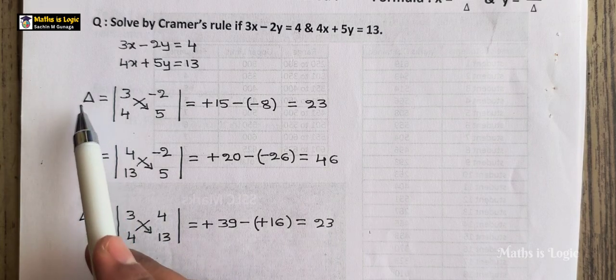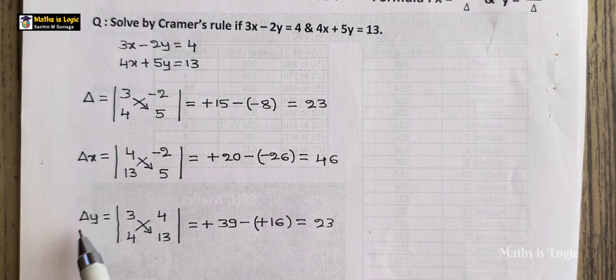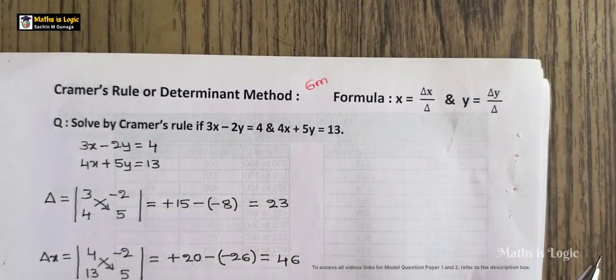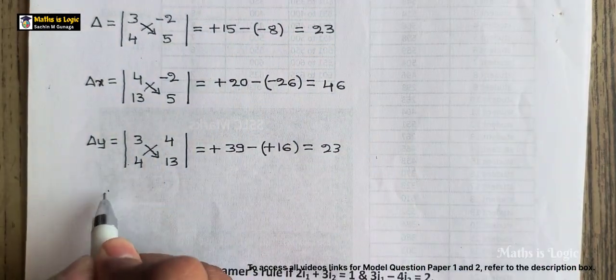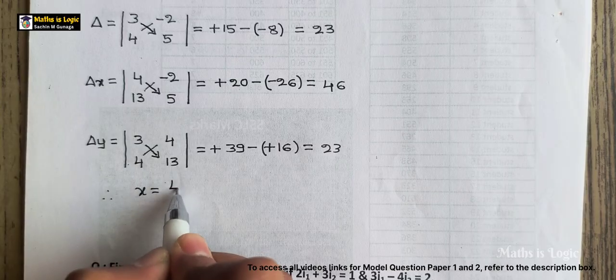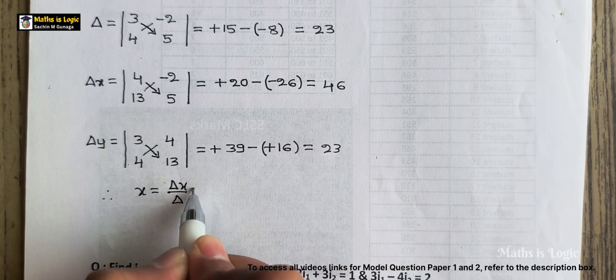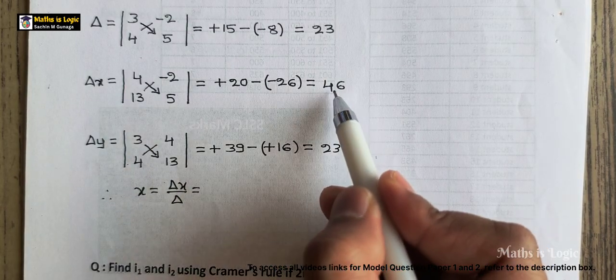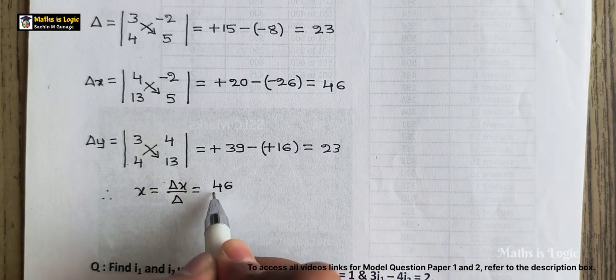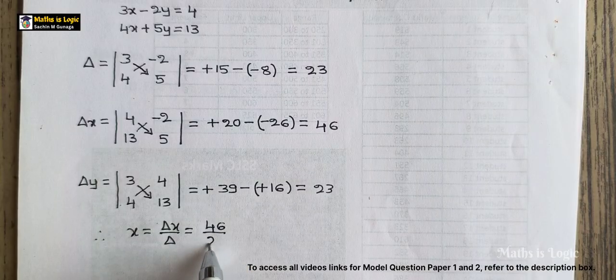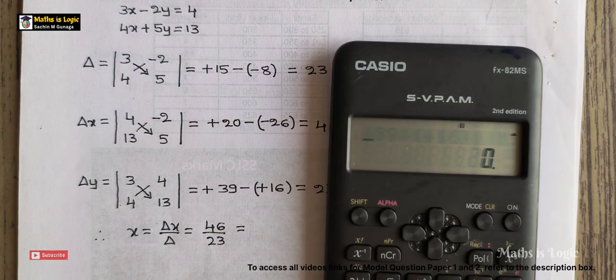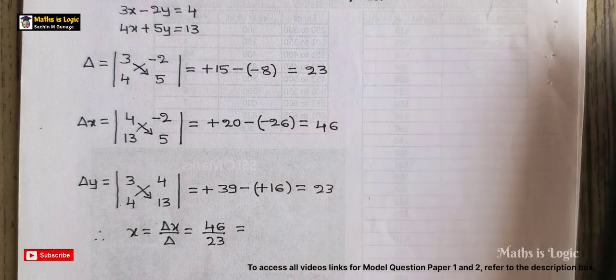Once we get the delta x and delta y values, next we need to find x and y. So write the formula. Therefore x equals delta x divided by delta. What is the delta x value? 46 divided by the delta value, 23. This is the final answer, or you can divide: 46 divided by 23, final answer is 2.